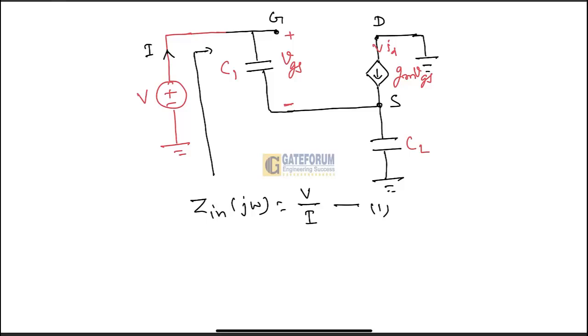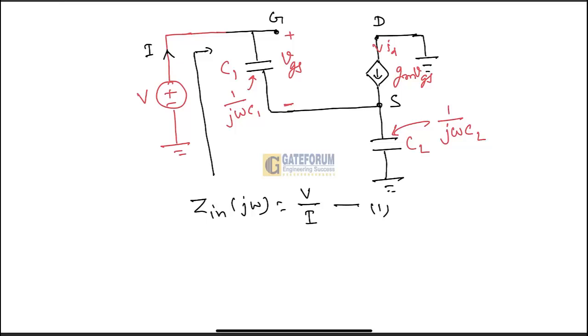As we know, the capacitor is also a function of frequency under AC analysis, so the impedance will be 1 by j omega C1 for this one, and 1 by j omega CL for this one.